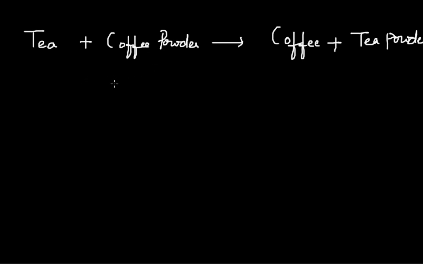break down the reactants. So how do you break down the reactants? First break them into, okay, what did you add first of all in the tea?